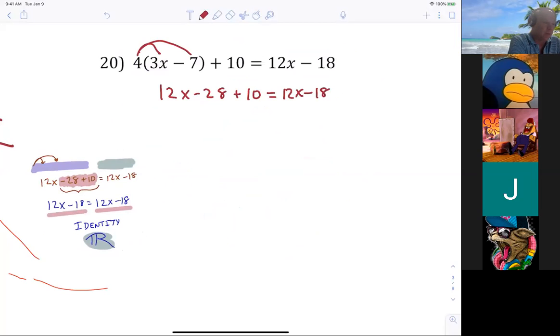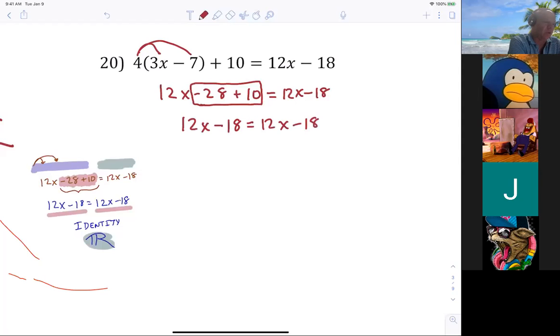So now you have to tell me about these two right here, buddy. Do you add those? So what's negative 28 plus 10? Negative 18. You're right.